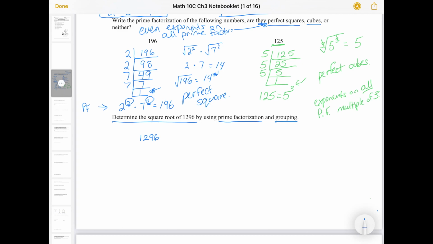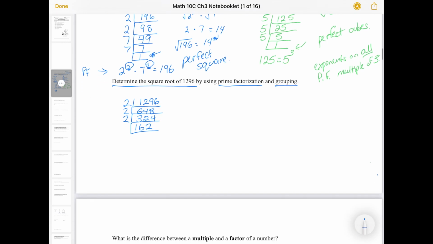1296, that is an even number, so I can divide it by 2. And that will give me 648. Again, an even number, I divide by 2, and I get 324. Can keep dividing by 2, 162. I like to keep dividing by the same prime factor until I can't anymore. And I work from the bottom up.